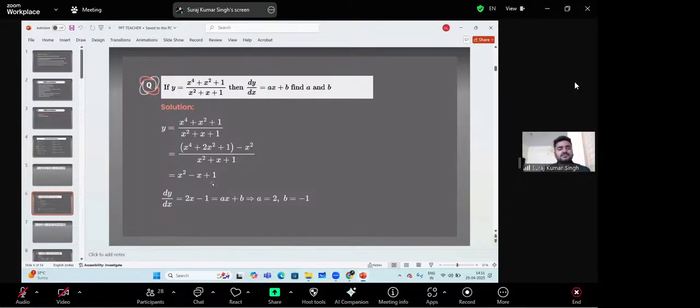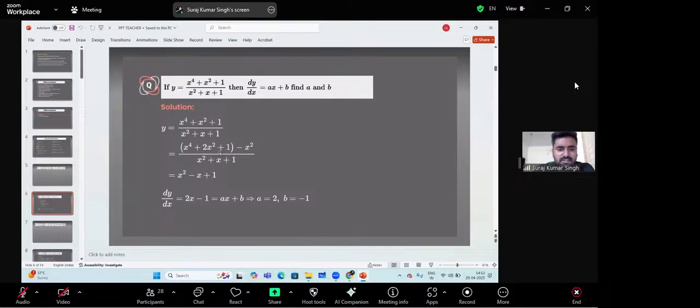So I should suggest to the student that at least this factorization of x to the power 4 plus x square plus 1 you should learn. That is x square plus x plus 1 into x square minus x plus 1. Why? Because students know the factorization of a square minus b square as a minus b and a plus b.